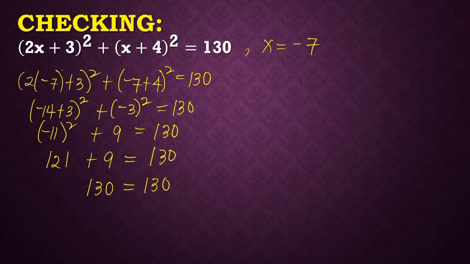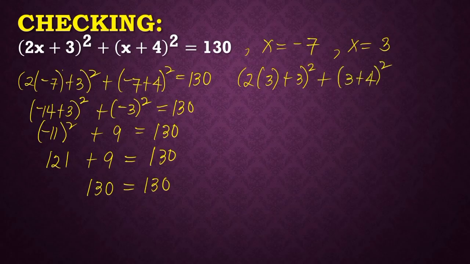So, what about 3? So, kung 3 naman, so magiging 2 times 3 plus 3, and then squared, plus 3 plus 4 squared is equal to 130.